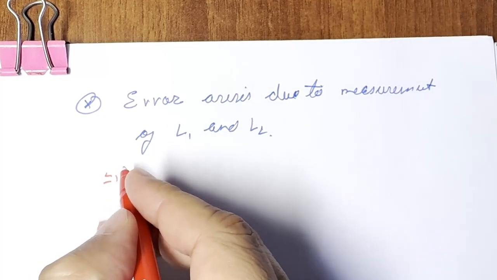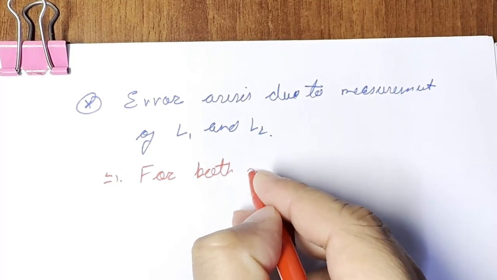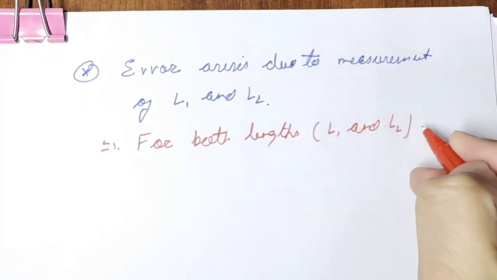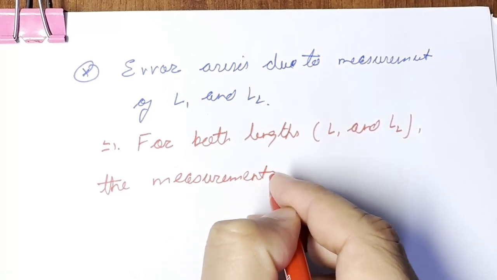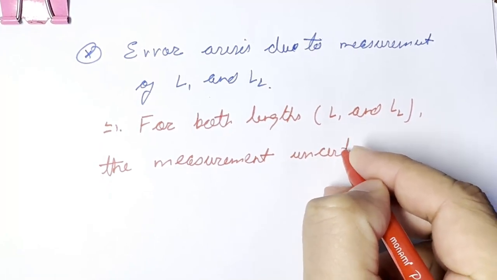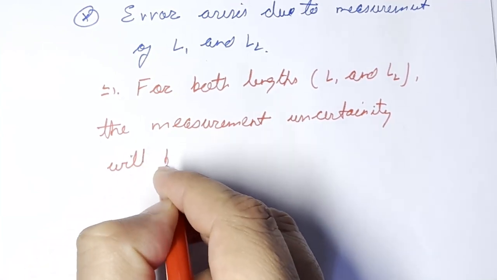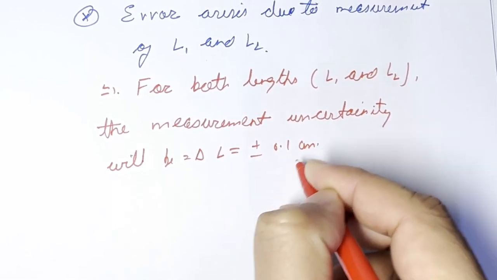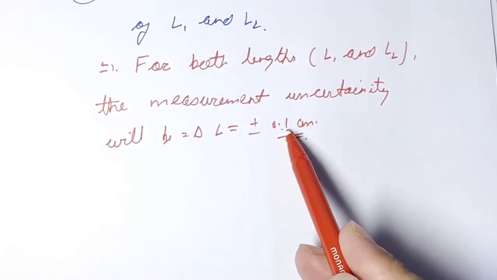So for both lengths, L1 and L2, the measurement uncertainty, let us suppose delta L, will be equal to plus minus 0.1 centimeters, because the values are given to one decimal place, so the uncertainty will also be plus minus 0.1 centimeters.